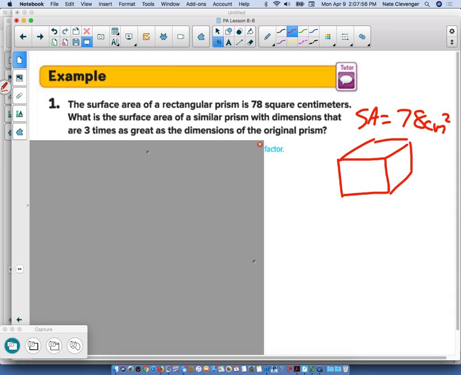We want to find out what the dimensions that would be 3 times as great as that. What would the surface area be of an image that has 3 times that surface area? Well, if we were to multiply by 3 times, we'd have to take our 78. We're still dealing with area, aren't we?